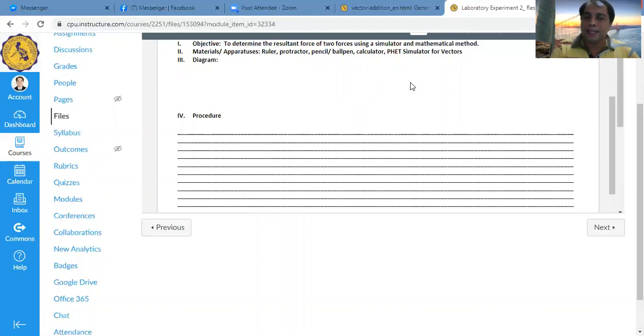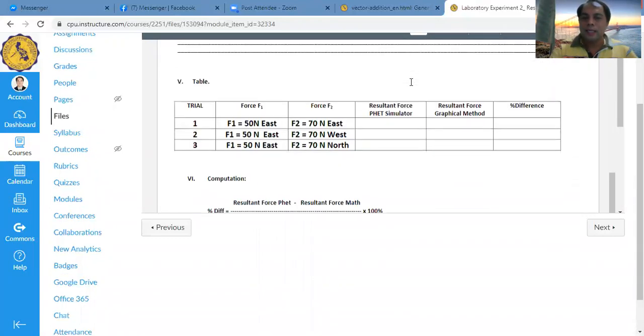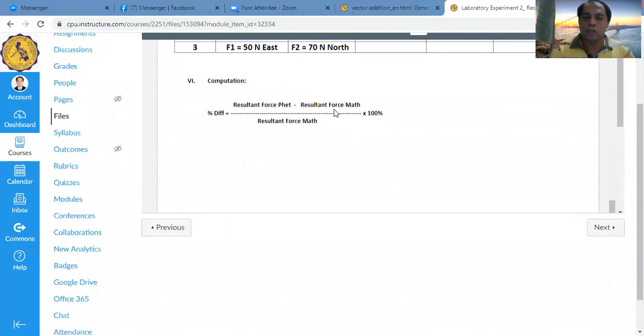So just make it clean, please. And then the other picture, which we will also include in our computation, will be placed over here. So while you make your picture of the graphical approach displayed here, you are to calculate the length by using the ratio or the scale that you are using.